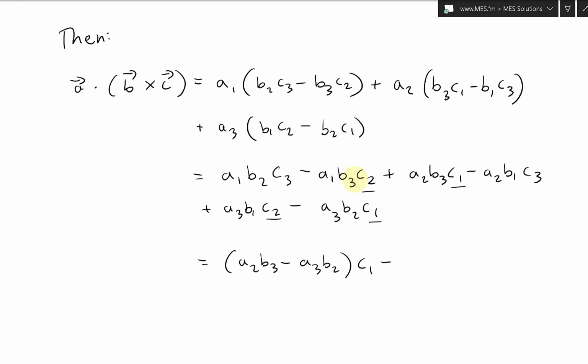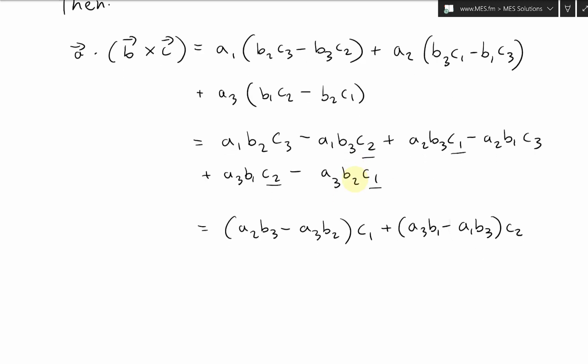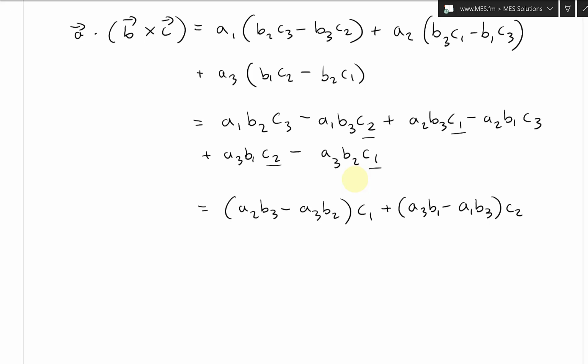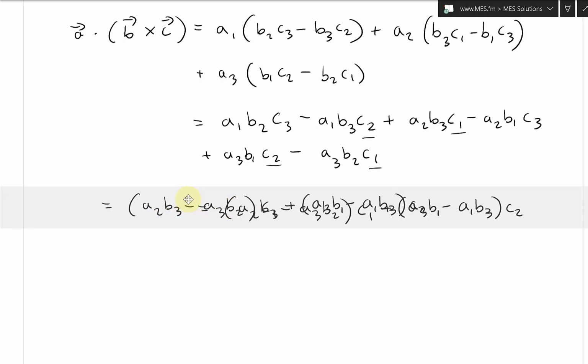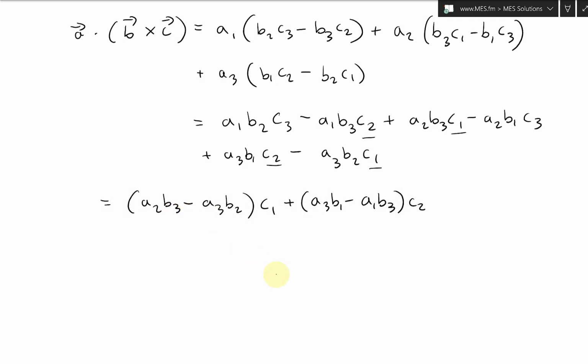Next one's going to be plus A3B1 minus A1B3, C2, and then likewise, plus, the next one is going to be C3. So the C3 is going to be A1B2 minus A2B1, C3.